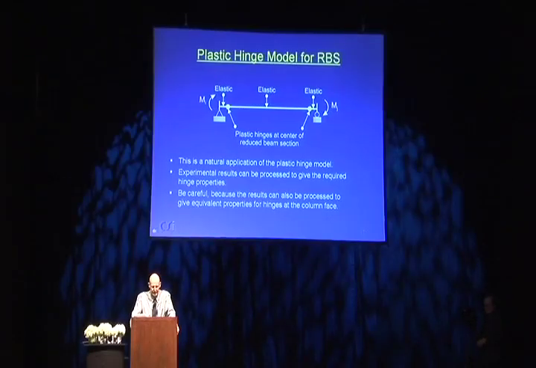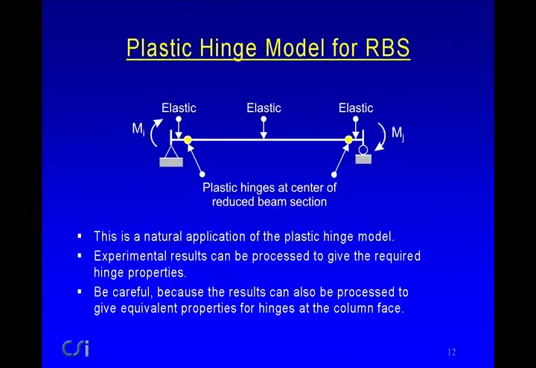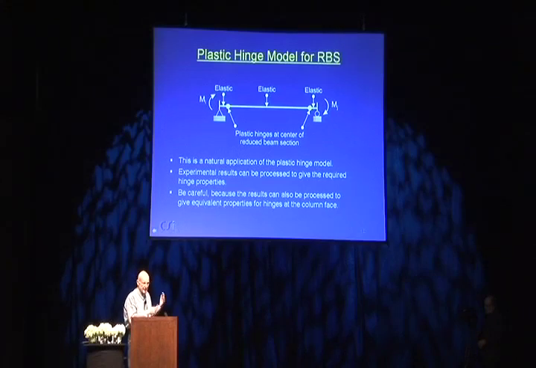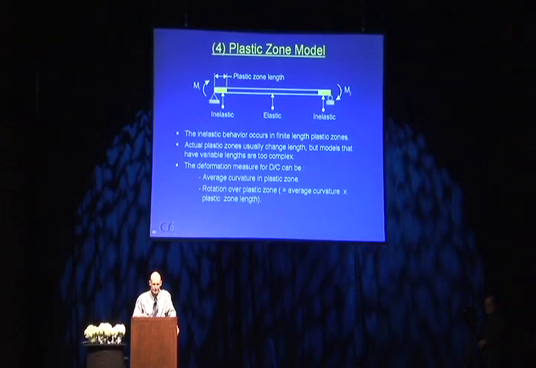I would be careful, though, because I've seen papers where the values are processed to give hinge rotations not at the center of the RBS, but at the face of the column. And in that case, you would need to put the hinge at the face of the column. But I think the more natural thing here would be to calculate the equivalent hinge properties at the center of the RBS section and position the hinge at that location.